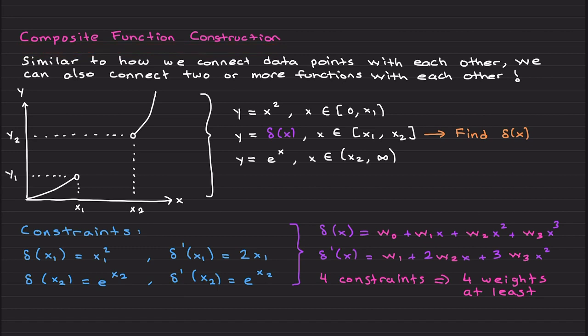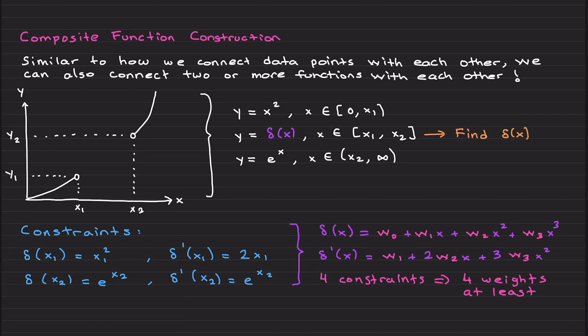In this case, you are looking for a function, delta, that connects these points by satisfying some properties. Let's say I would like to connect these points such that we satisfy these 4 constraints.